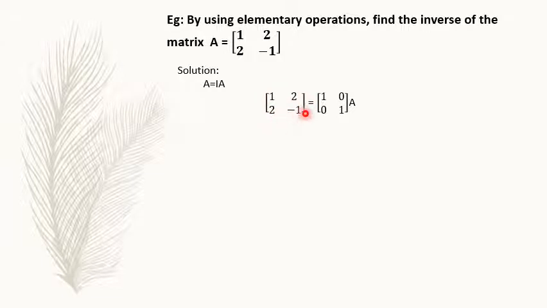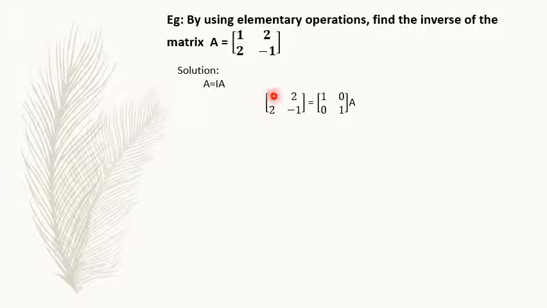Then we need to convert A22 to 1, and all the remaining elements in that column should be 0. If it is a 3 by 3 matrix, we need to convert A33 to 1, and all the remaining elements in that column should be 0.